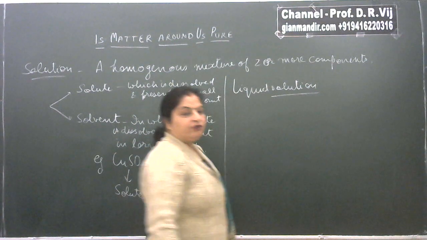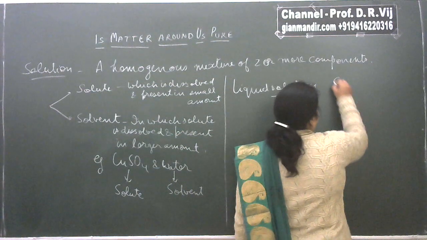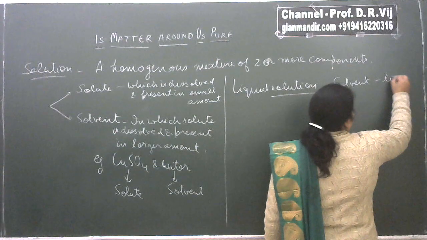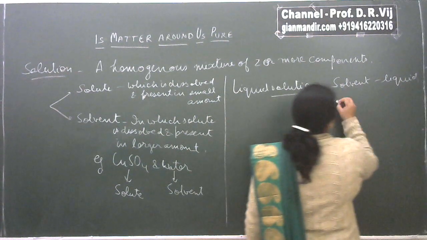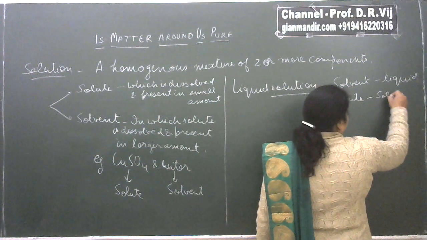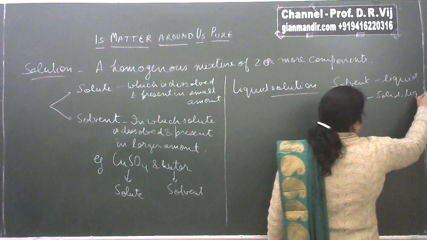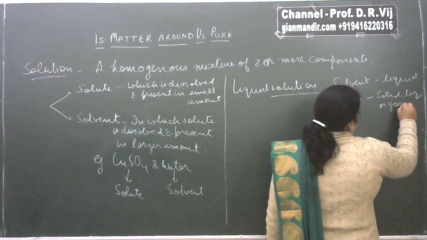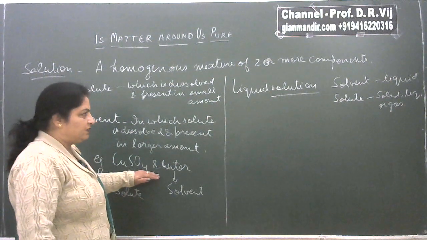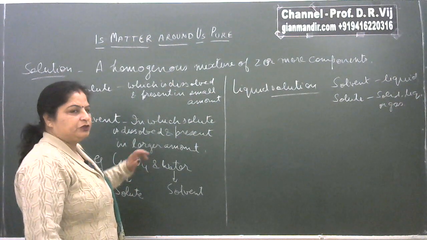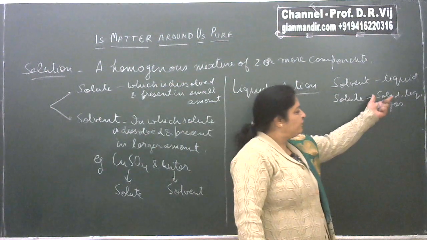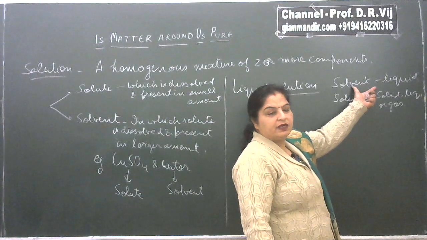Liquid solution means the solution where the solvent is liquid, but the solute may be solid, liquid or gas. For example, the solution of copper sulfate in water, or sugar in water, or salt in water is an example of a liquid solution where the solute is a solid and the solvent is liquid.